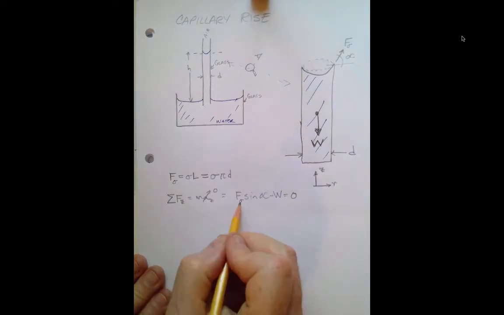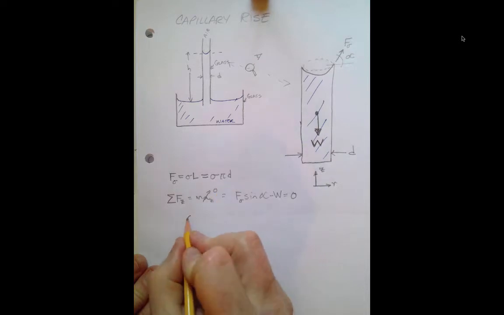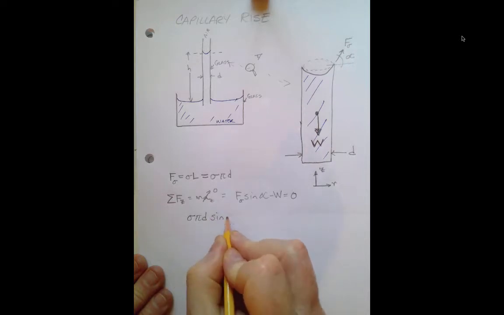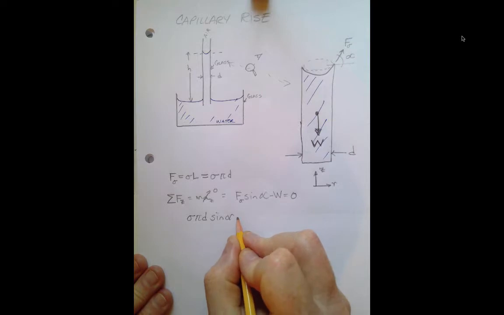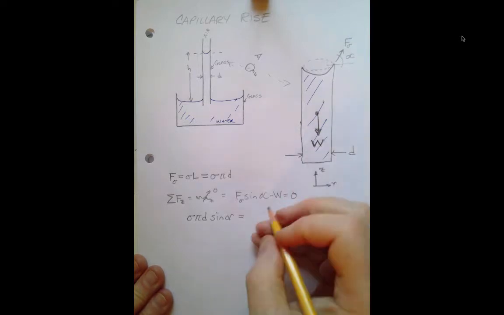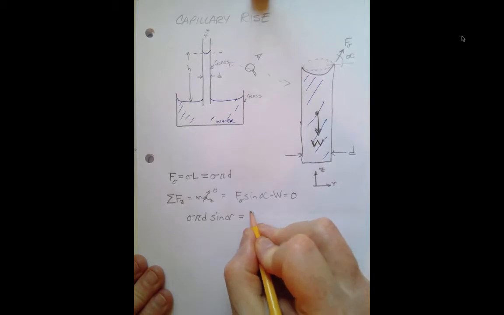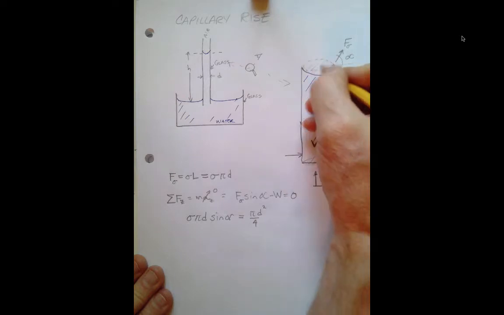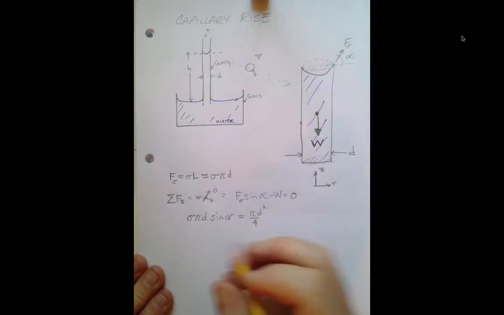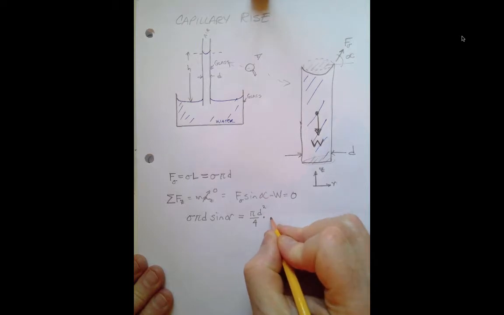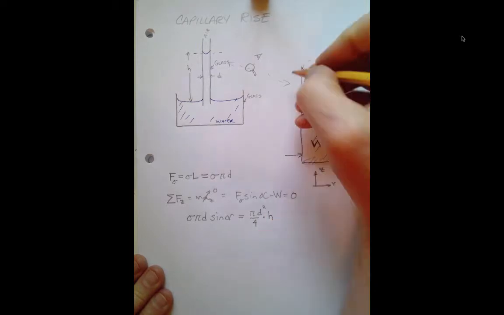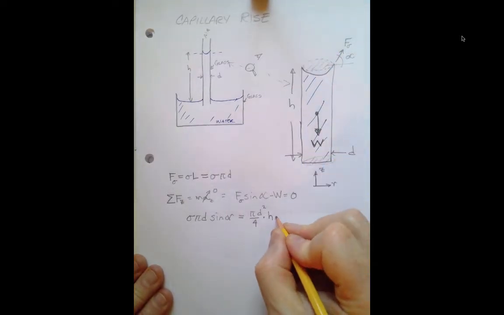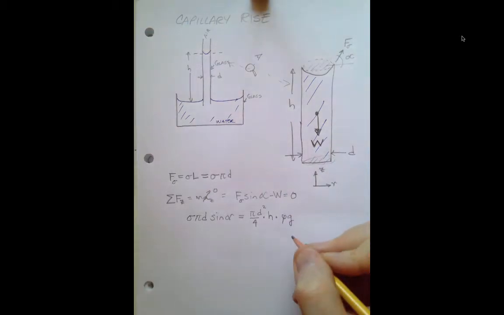Therefore, we will replace F sigma with sigma pi times the diameter, times the sine of alpha, equals, and now we need to express the weight. Well, the weight of the water, a good approximation is pi d squared over 4, that's the area of the circular cylinder, multiplied by its height h, which we can draw right here, multiplied by the specific weight of water.